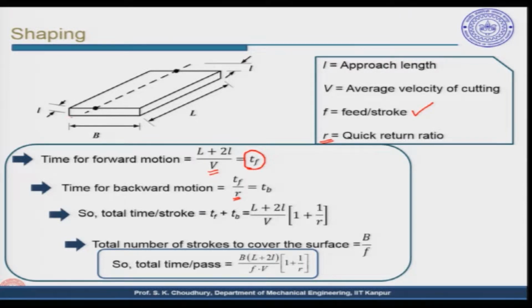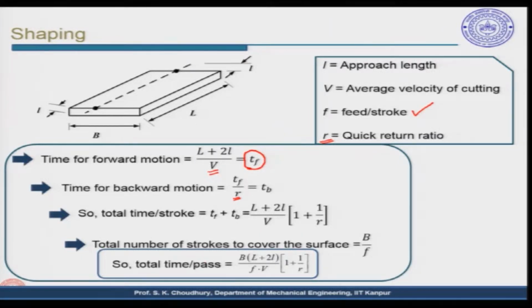So, the total number of strokes to cover the B will be B by F, depending on the feed. Therefore, the total time per pass will be equal to B into (L plus 2l) by V into F, into (1 plus 1 by R). This is the total time for removing the entire.